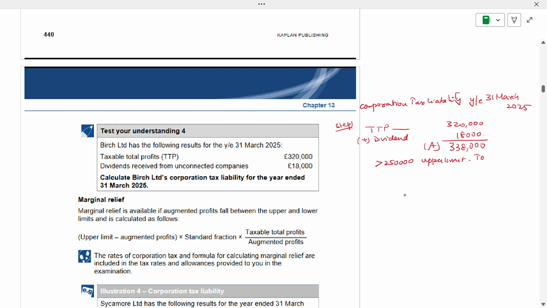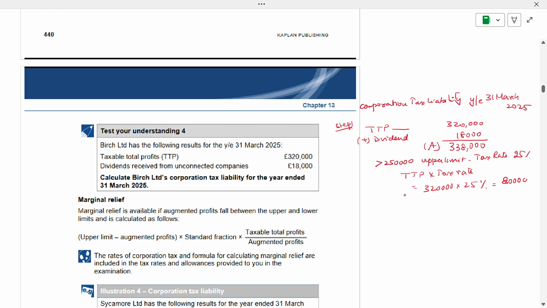You can put it like this, A. Nothing will happen, it is acceptable. Okay, now it exceeds what? It exceeds the upper limit of 250,000. Then the tax rate will be how much? 25%.